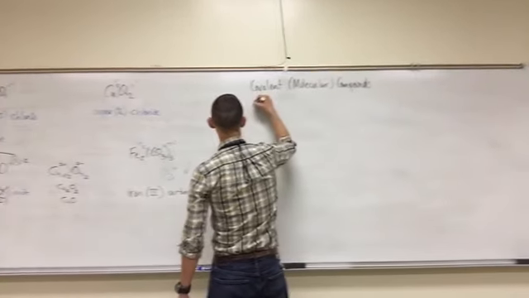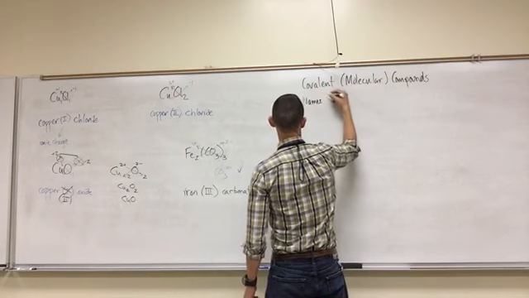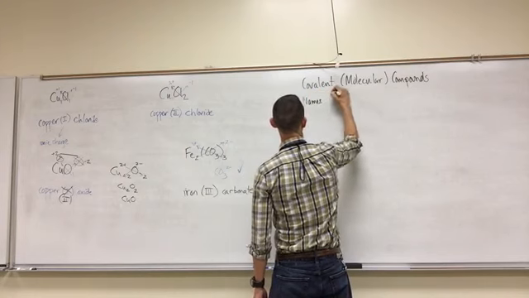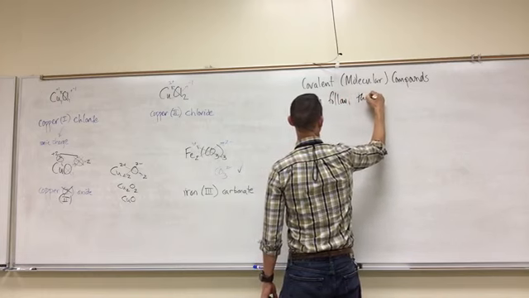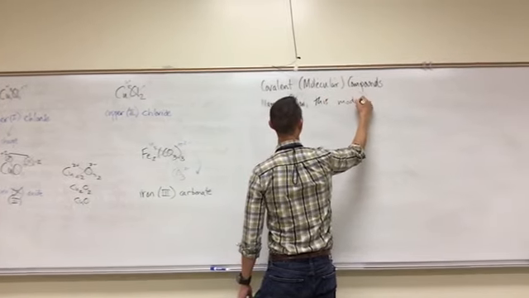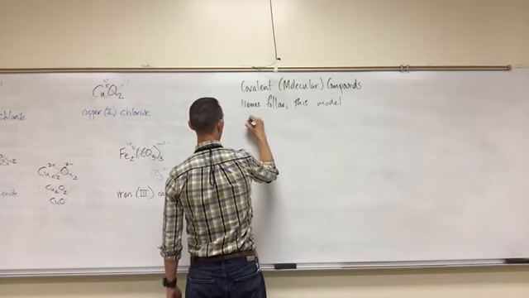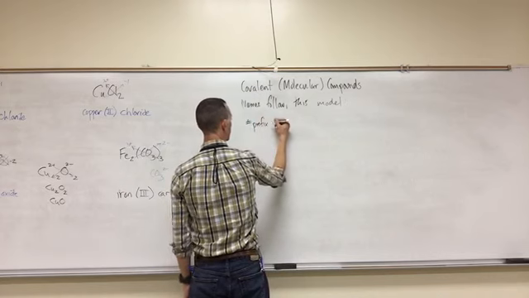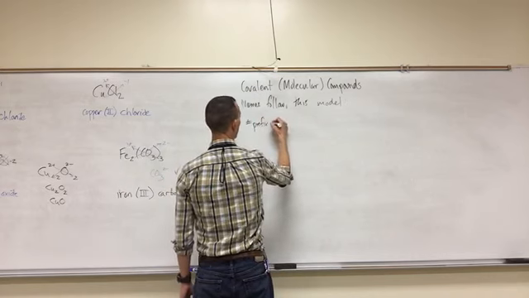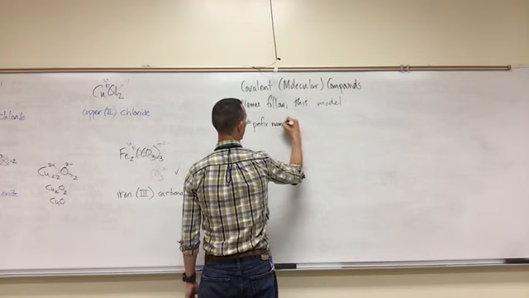The names, since we did names first for ionic compounds, names follow this model. Again, there's a model, a system at work. There is a numerical prefix, attached to the name of the first element.